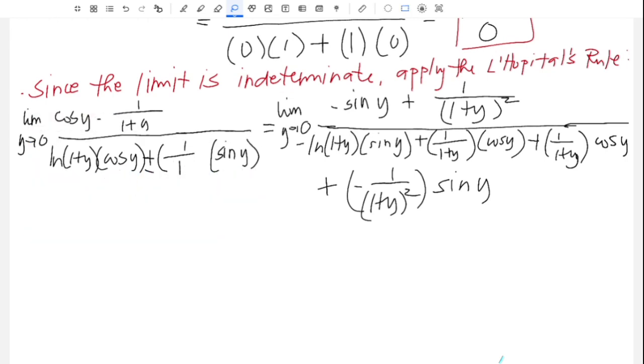Okay, let me just write it here in the corner for more space. So let's simplify our numerator and denominator. This is the simplified form for our numerator, since we already distributed our sign earlier.